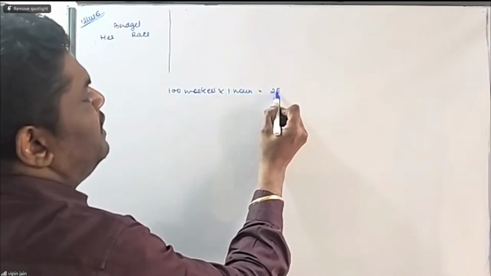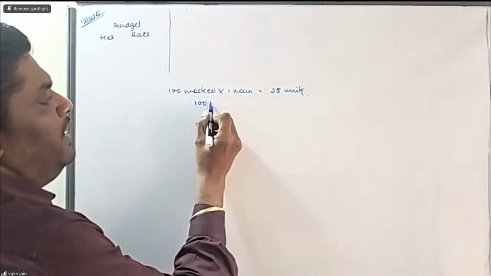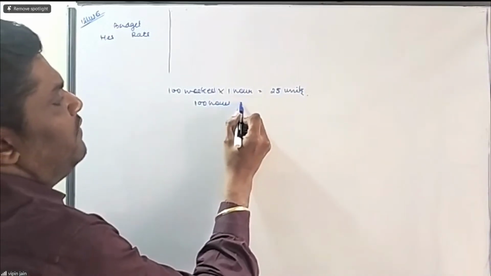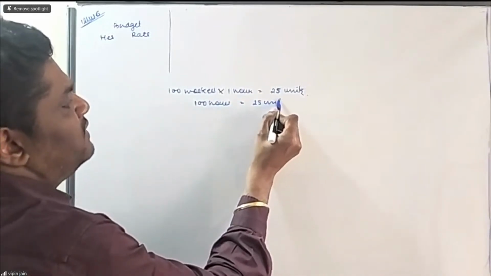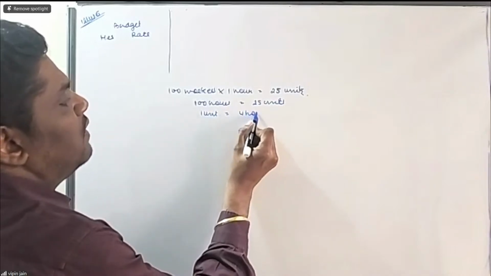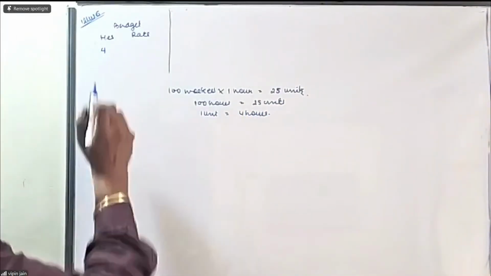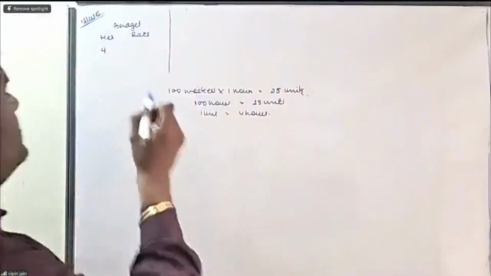They manufacture how many units? 25 units. So in short, 100 hours, we manufacture 25 units. So 1 unit, how many hours? 4 hours. So 1 unit requires 4 hours. And the rate is given. How much is the rate? Standard rate is 6.